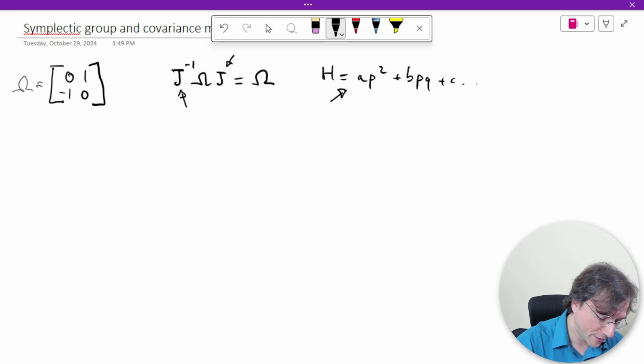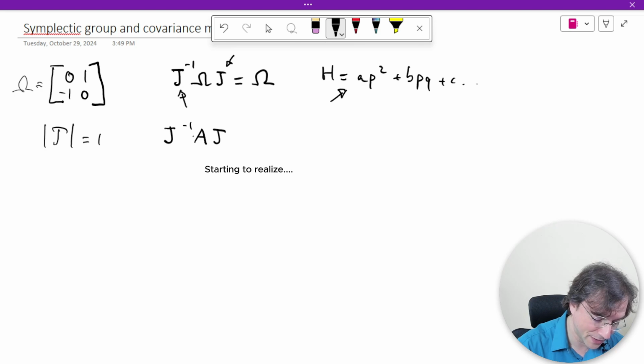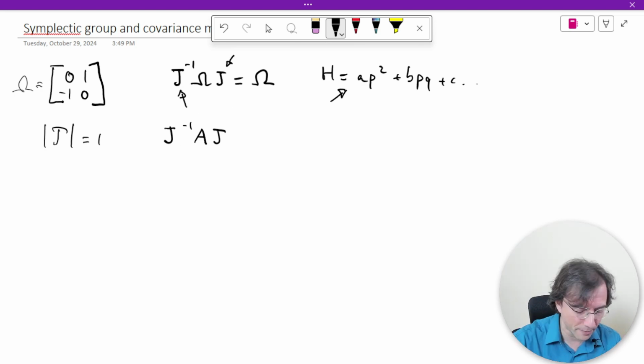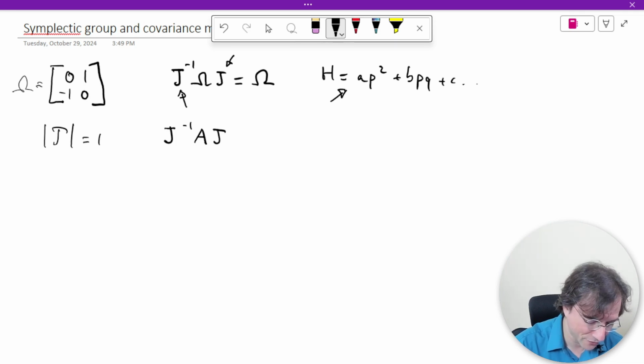So all the J's have the determinant of J equal to 1. And so if you are transforming any matrix A, then J transposed A J would be the matrix as transformed by this symplectic transformation, by this element in the group.